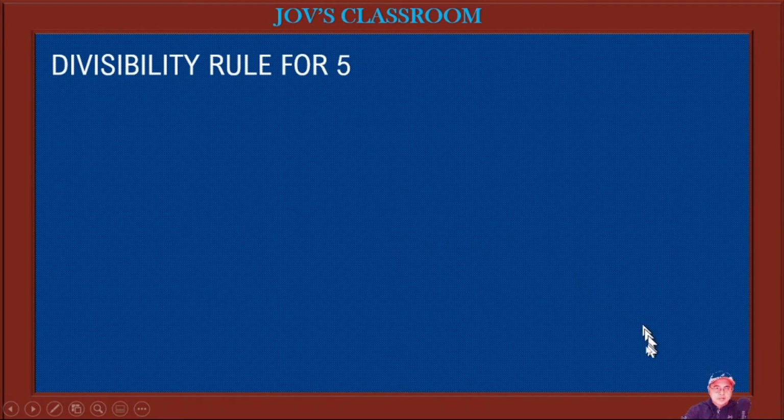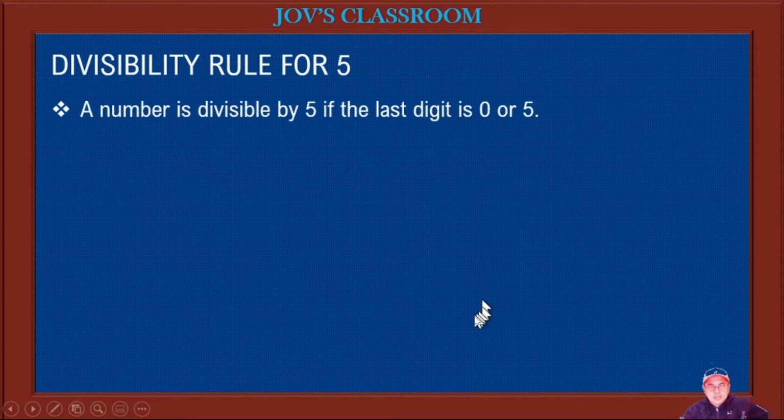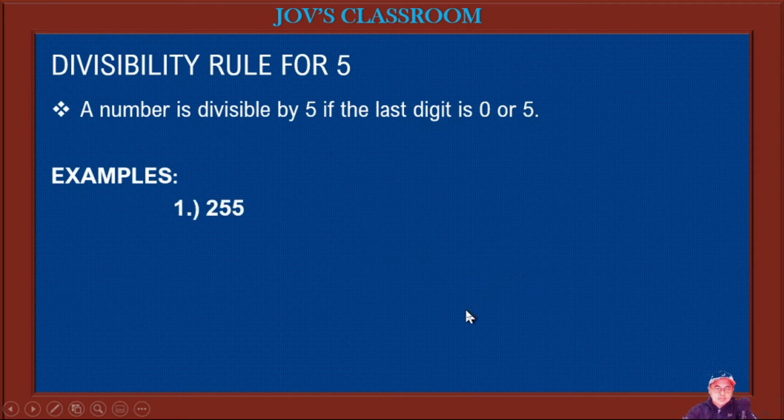Divisibility rule for 5. A number is divisible by 5 if the last digit is 0 or 5. For example, 255, the last digit is 5.